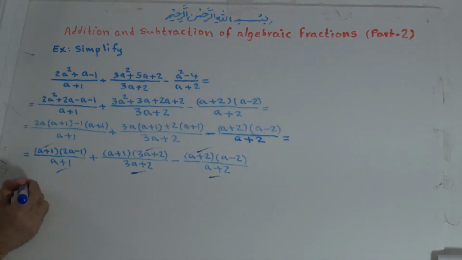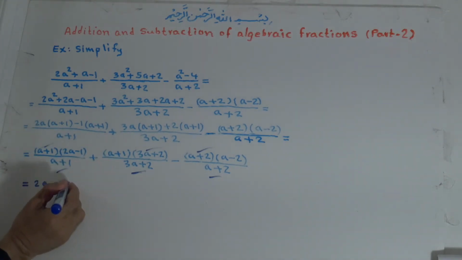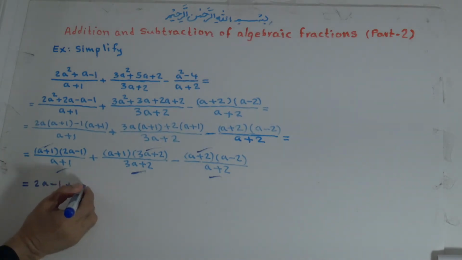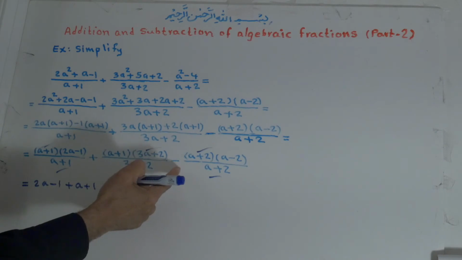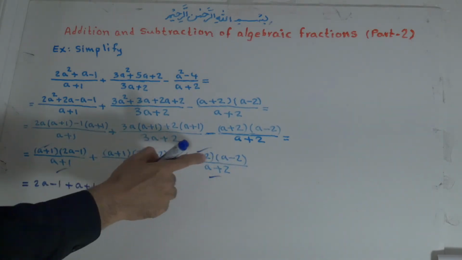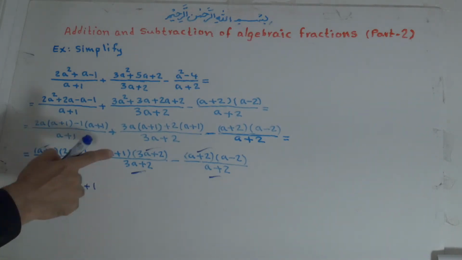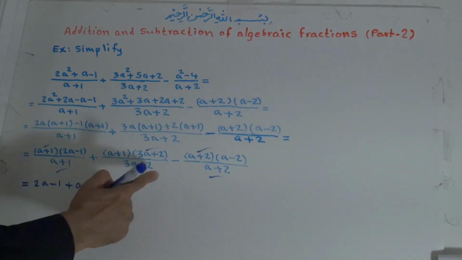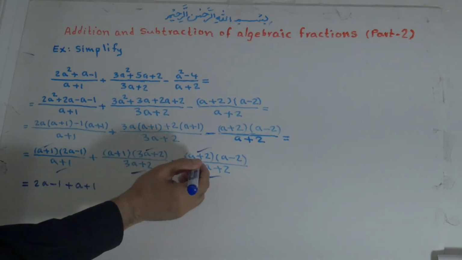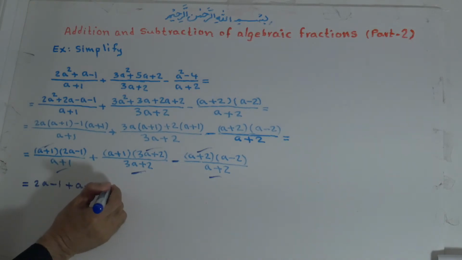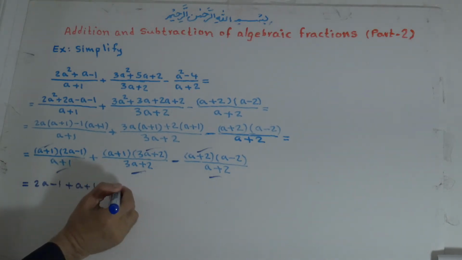Here, what is remaining? 2a minus 1, plus a plus 1, and here minus (a − 2). Now we multiply the minus through the parentheses. There is no change for the positive sign. Negative times positive is negative a, and negative times negative is positive 2.